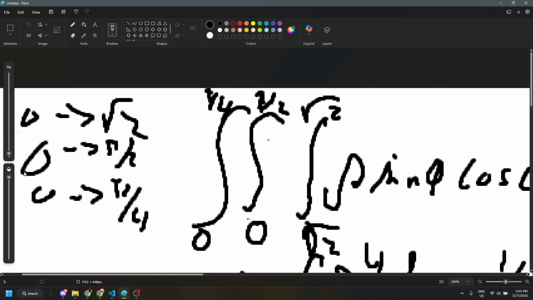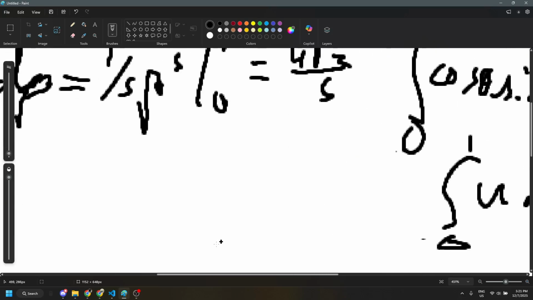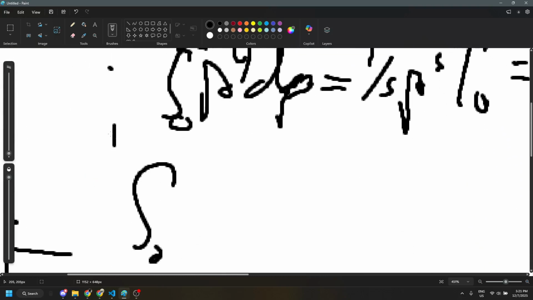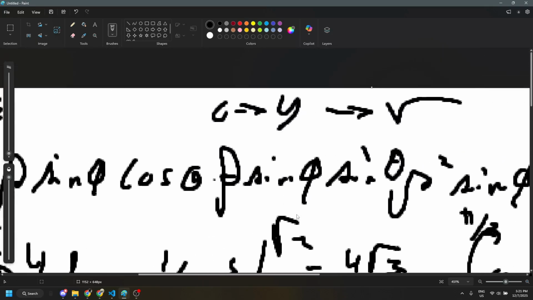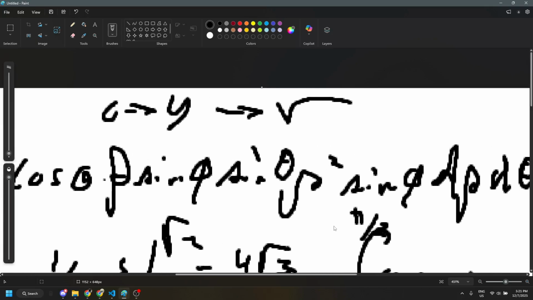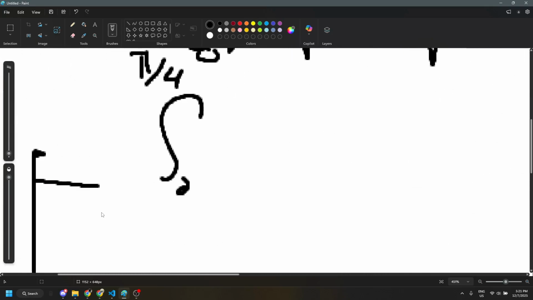And now we get the phi integral. So now we're left with the integral from 0 to pi over 4 of sine cubed phi d phi.